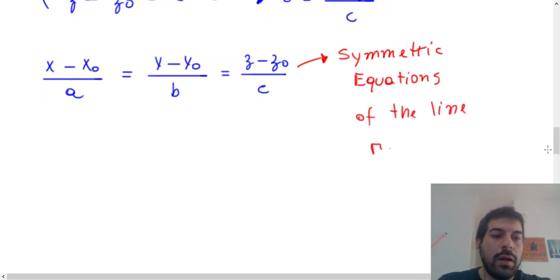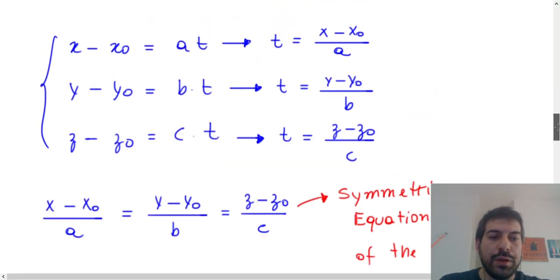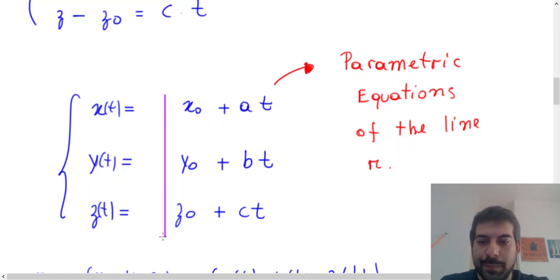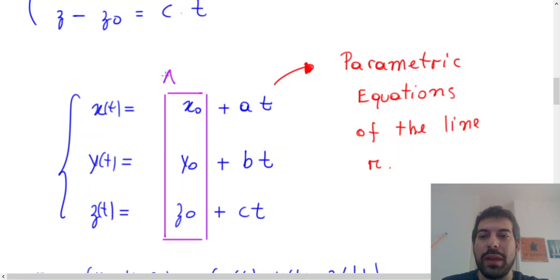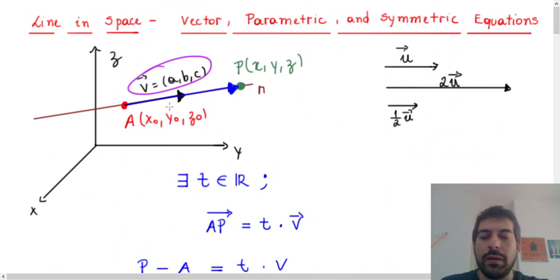There is important information regarding the symmetric and parametric equations. I will go back to the parametric here and highlight that when you write the parametric equations, this column here will be exactly equal to the coordinates of the point A that you know in the first place. Remember I told you we need two pieces of information, a point A and a vector v.